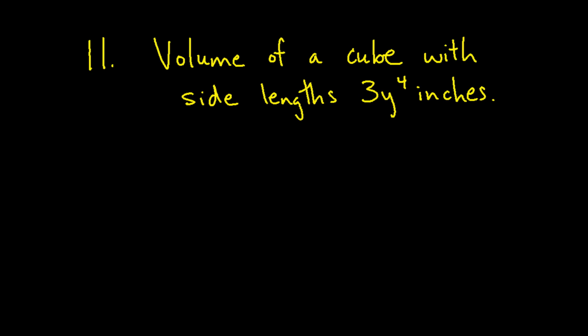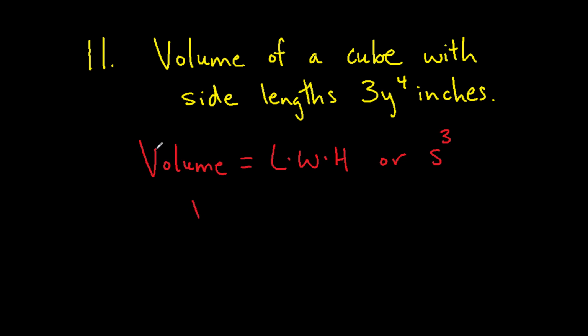This next problem is asking us to find the volume of a cube, and they're giving us side lengths 3y to the 4th. Since a cube is kind of like a square but in 3 dimensions, all 3 sides will equal 3y to the 4th. So we just need to keep in mind our volume formula for a cube, which is length times width times height, or side to the 3rd power, since all 3 of these are the same length.